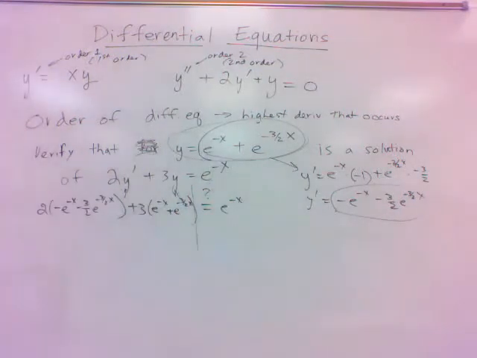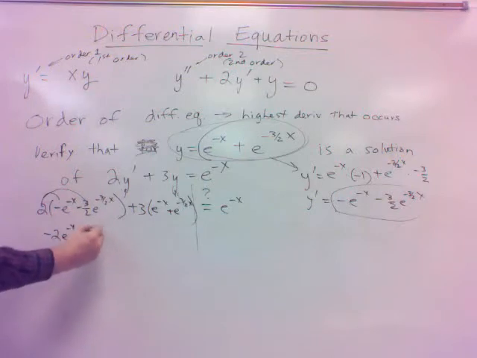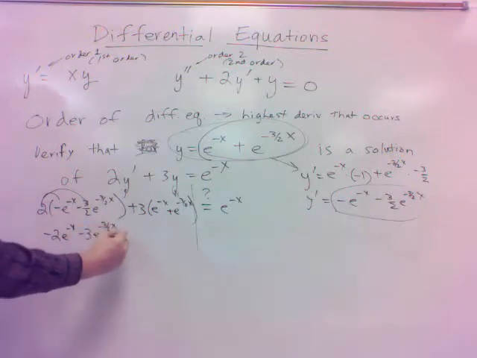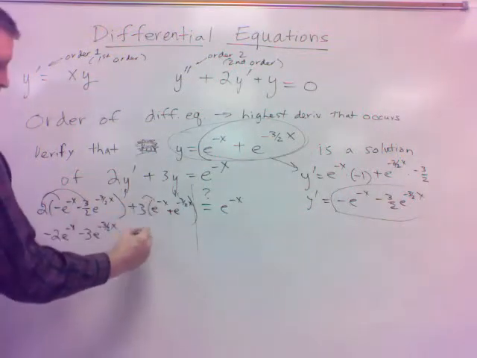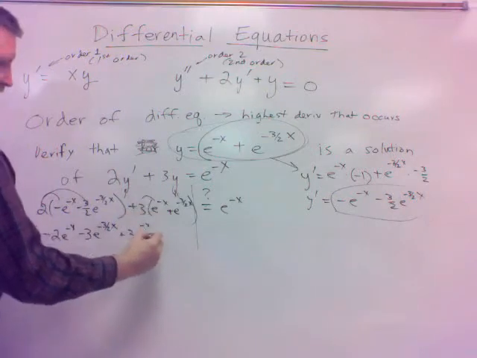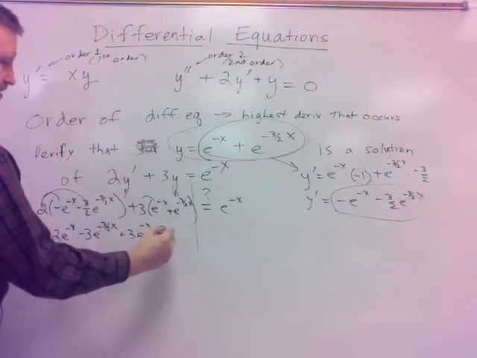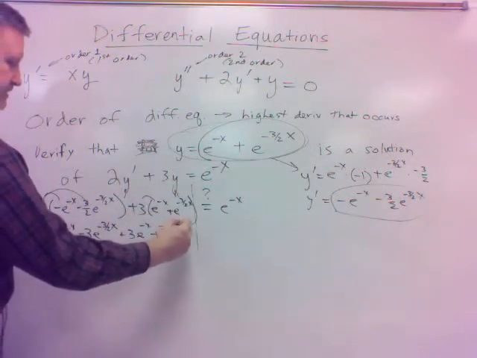It looks like a lot of things are going to have to cancel out for that to happen. All right, so if I multiply by 2 here, that would be minus 2 e to the minus x. 2 times that would be minus 3 e to the minus 3 halves x. 3 times that would be 3 e to the minus x, plus 3 e to the minus 3 halves x.